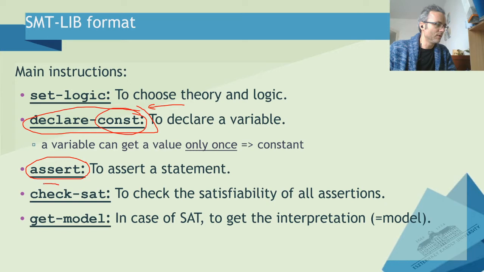But first, we need to talk about the check-sat instruction. After you declared all the variables you need and asserted all the statements you need, you want to know if they are satisfiable, right? This is what you want to know at the end. And this is the instruction which checks this for you.